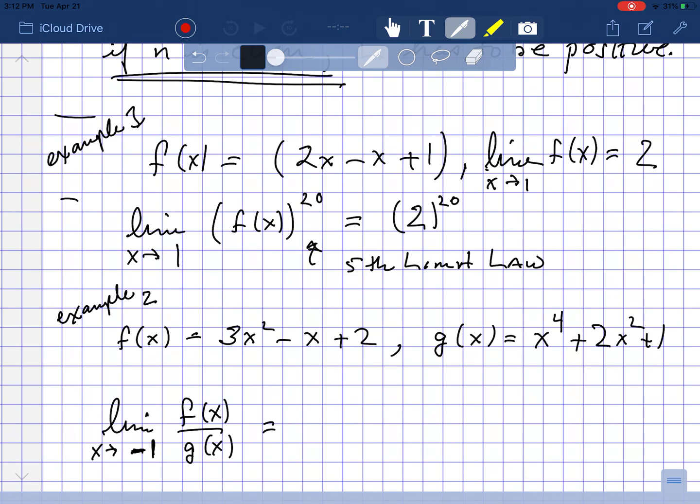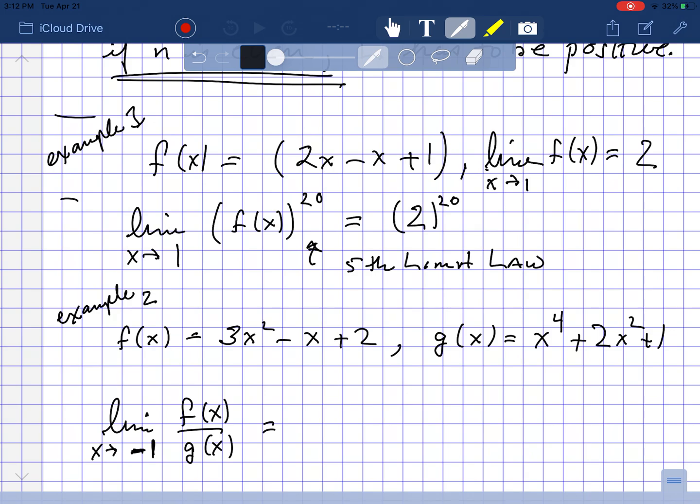And so we know that if the polynomial that makes up the denominator of that rational function is not equal to 0 at the point where the limit is being taken, which in this case is -1, then we know the value of this limit is just equal to the value of the rational function at x equal -1. All right?